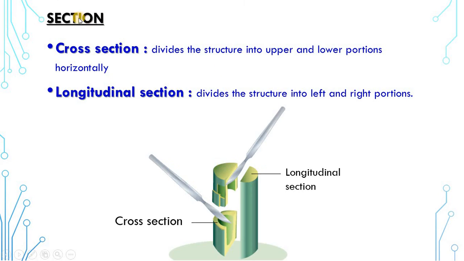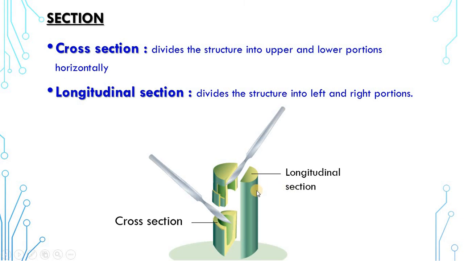Section. After plane, there is a section. There are two types of section, cross section and longitudinal section. What is cross section? Cross section divides the structure into upper and lower portion horizontally.